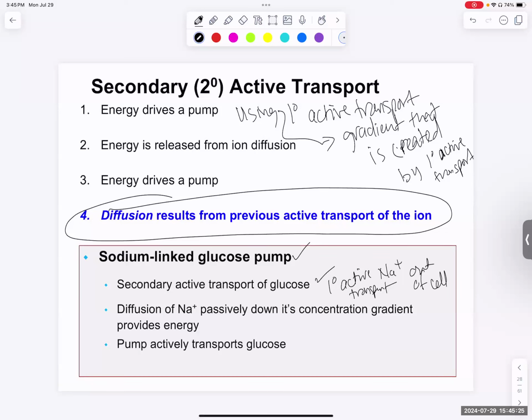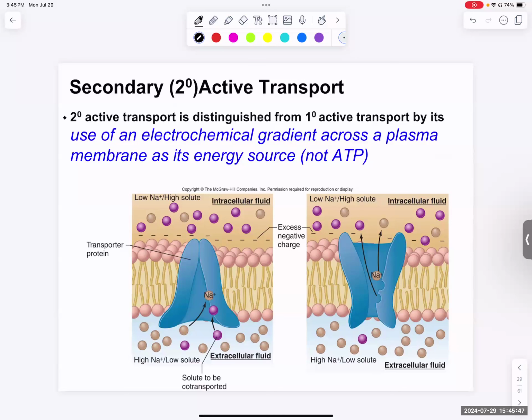That created a concentration gradient for sodium, which is potential energy. And now glucose is linked with that pump, so as sodium ions just flow naturally down their concentration gradient, it's releasing energy that is harnessed by glucose to also go into the cell. So that is secondary active transport.